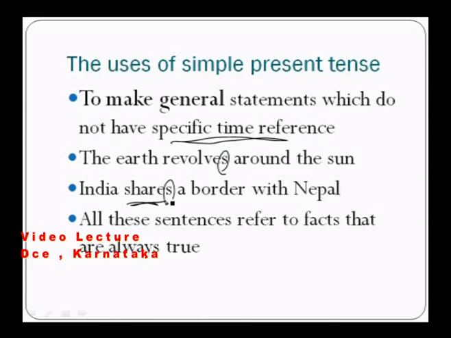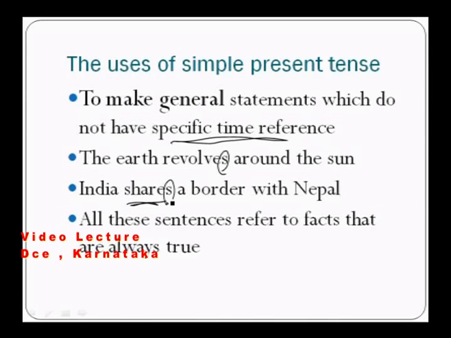The use of present tense in them does not indicate any specific point of time. It doesn't talk about a particular point in time at all. In my introduction, I said tense is not a marker of time. So these sentences do not talk about time reference at all.